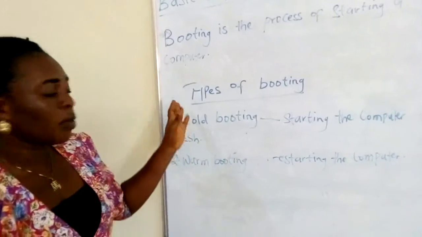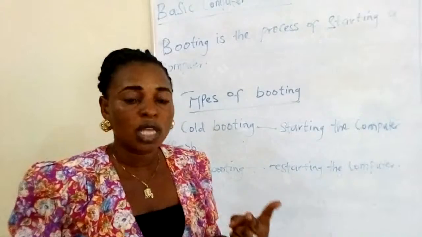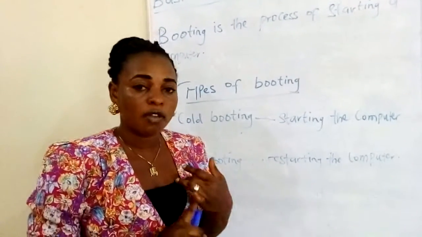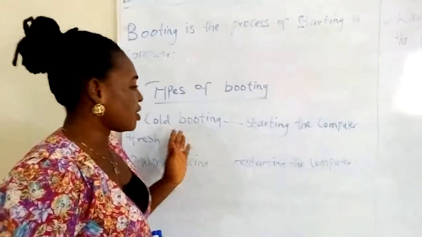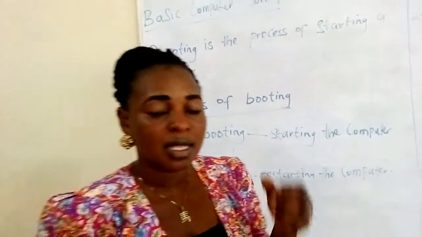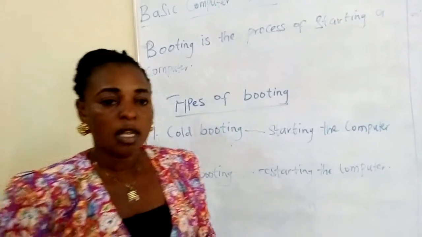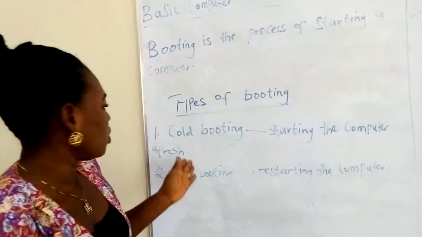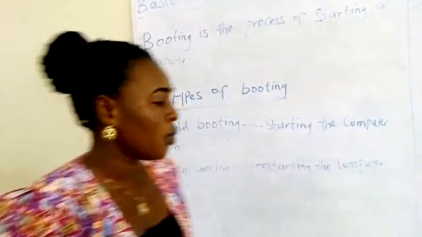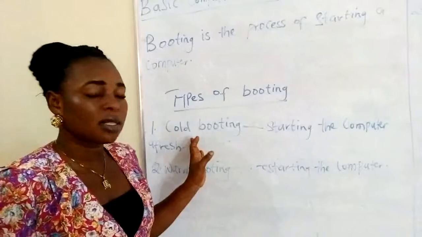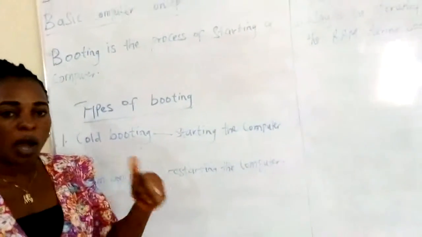Having established that, we went further to talk about the types of booting, and we said that we have two types. Number one, cold booting, and number two, warm booting. We said that cold booting means starting the computer afresh. We showed the practical steps of how the computer is booted from the cold, which is powering it on from the power button.